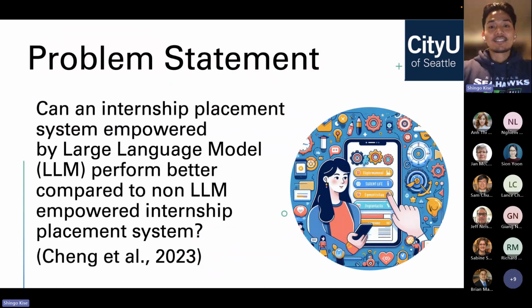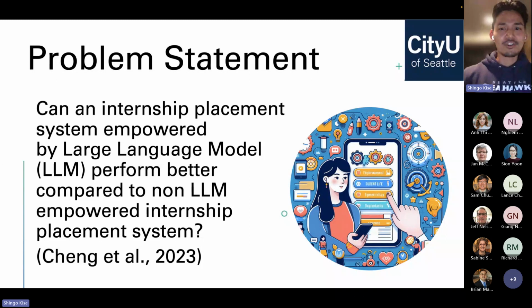And so this is what my problem statement looks like. Can an internship placement system empowered by a large language model perform better compared to a non-large language model empowered internship placement system? There's a reference there, but basically what I've seen so far from these journals, millions of them out there, they talk about internship placement systems, which means a system that helps students get internships.